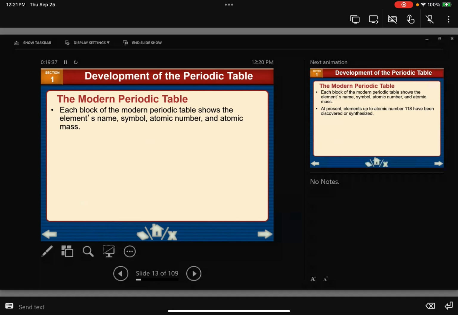Have ones that look like this. These are really old because it doesn't even have these element names here, which have since been discovered and named. Okay.